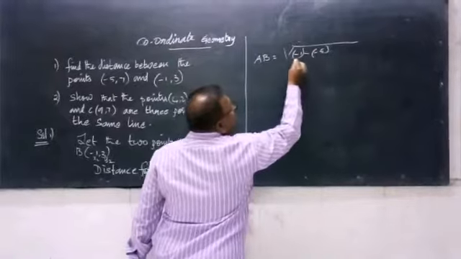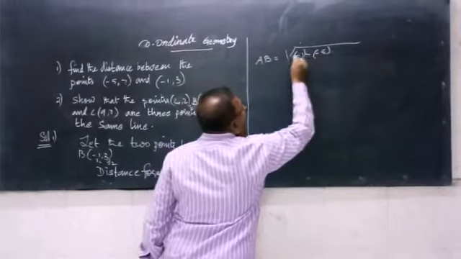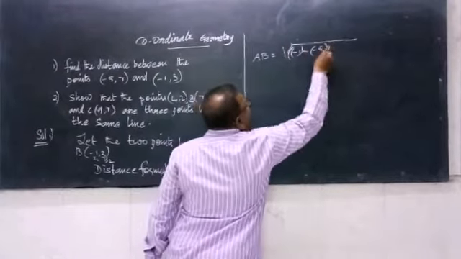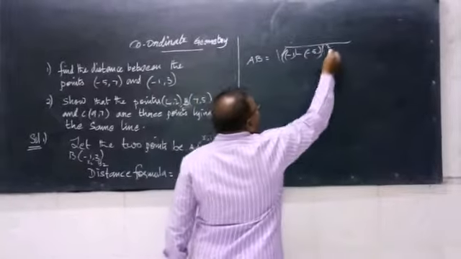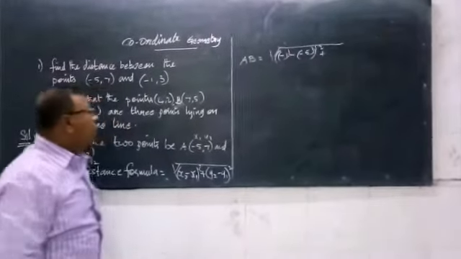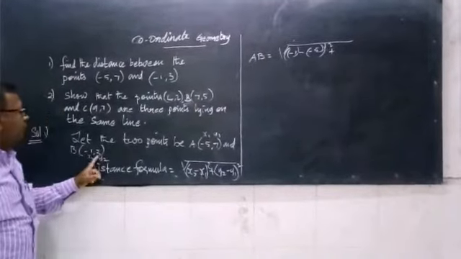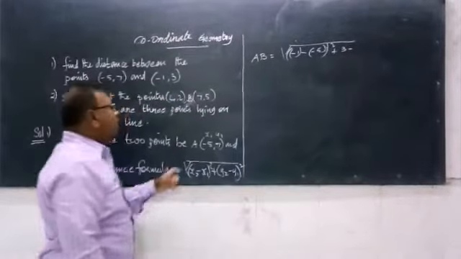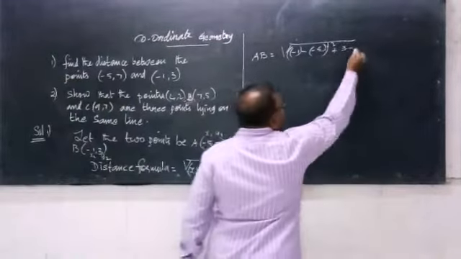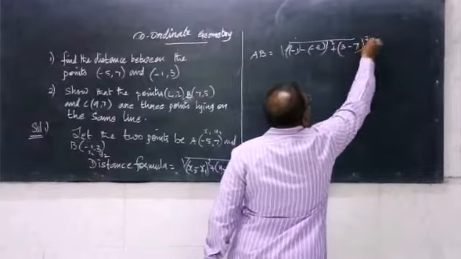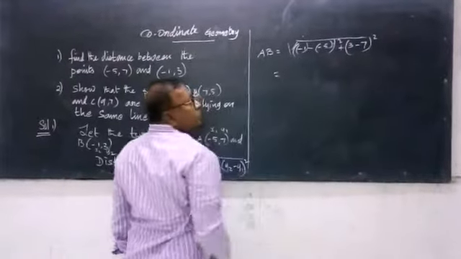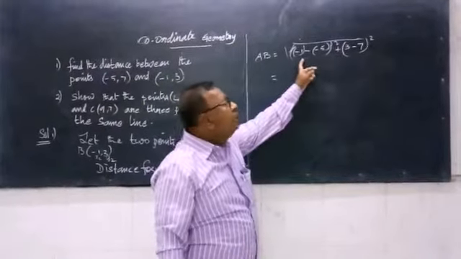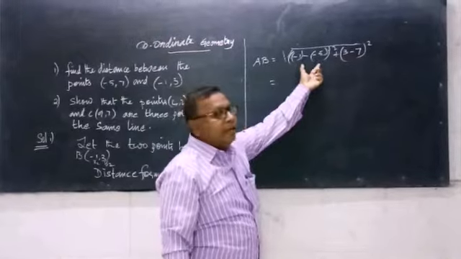So (x2 minus x1) whole square, plus (y2 minus y1) whole square. y2, what is y2? It is 3, minus y1. y1 is 7. 3 minus 7 whole square. Just to avoid the confusion, I have used the brackets.